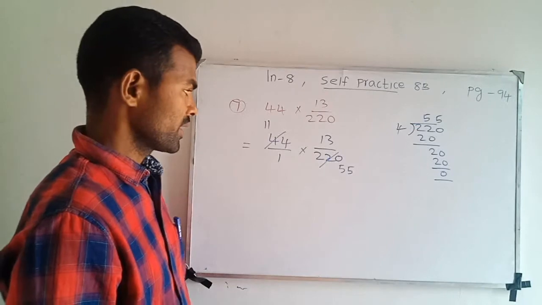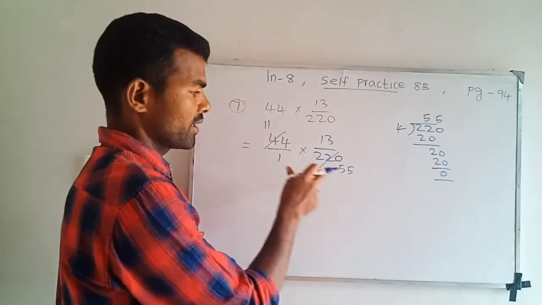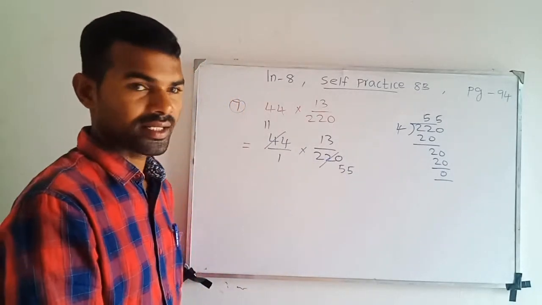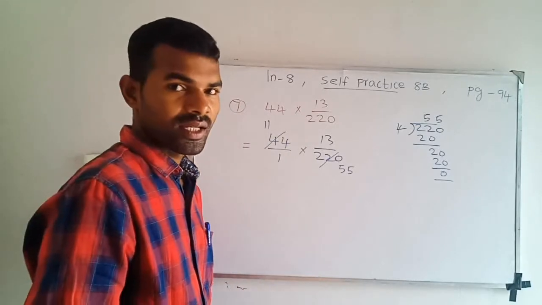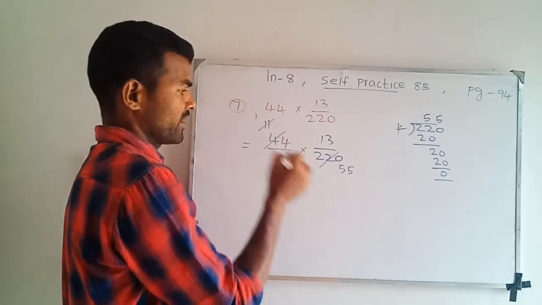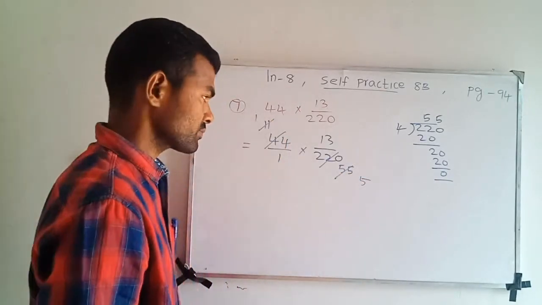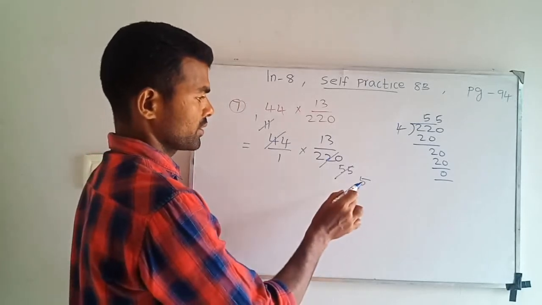See again any common factor: here is 11 and here is 55. Yes, so again there is a factor. You can divide 11 and 55 again by 11. Divide both numbers by 11. 1 times 11, and here how many 11s? 5 times 11.